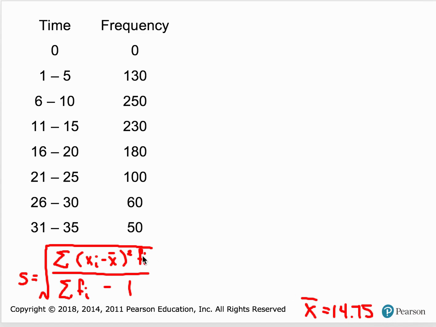Okay, so look at the formula. I have my frequency. I still need those class values, and I need to subtract x bar from it, and then I need one where it's squared multiplied by the frequency. All right, so let's do our x sub i.